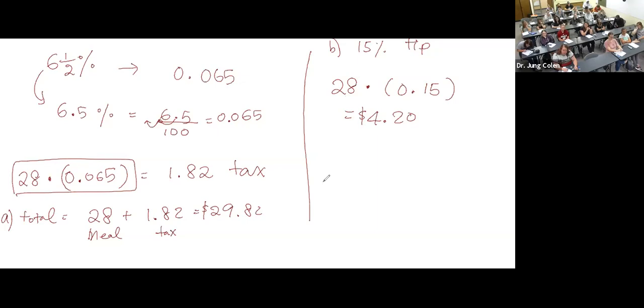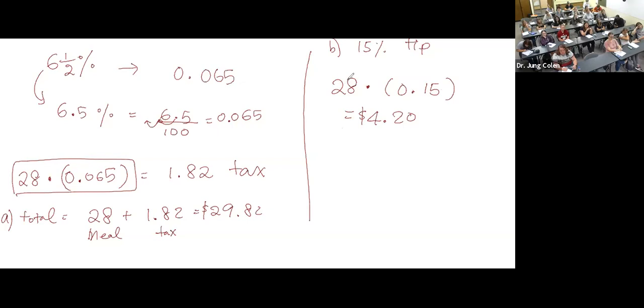Right? So is there any easy way that we can calculate exactly 15% mentally? Yes. Break this 15% into 10% and 5%. If we do 10% of 28, what is it? $2.80, right? And half of that is 5%, right?